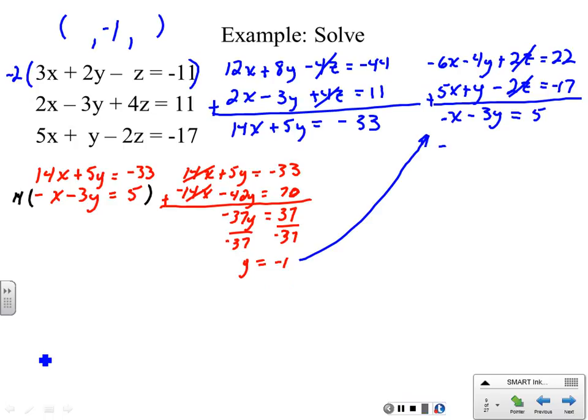So I'm going to have -x minus 3 times -1 is equal to 5. And so you can see that I'm going to know what x is once I do this. So we have -x plus 3 is equal to 5. -x is equal to 2, so x is equal to -2.